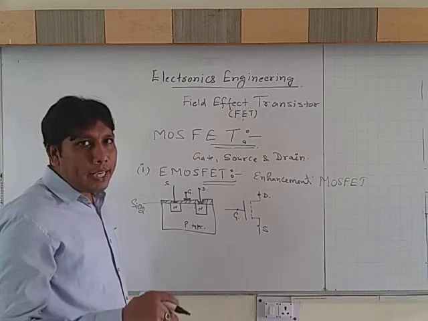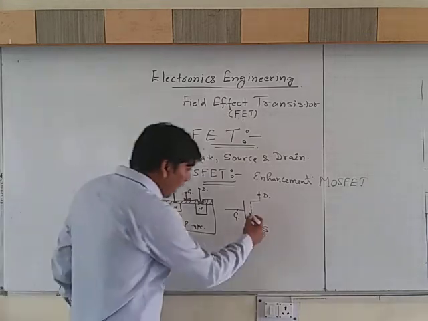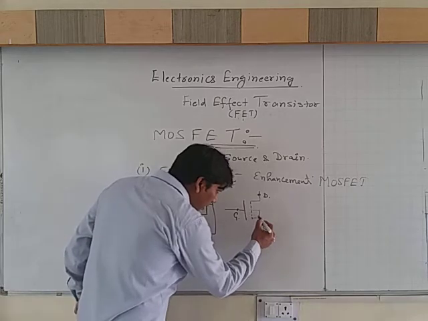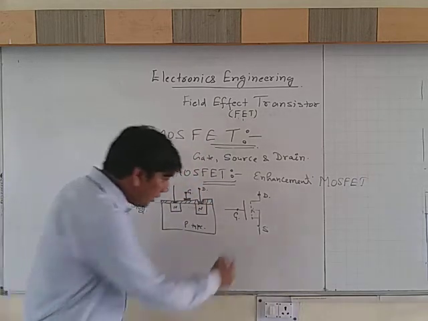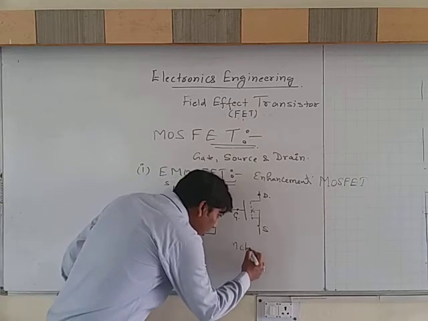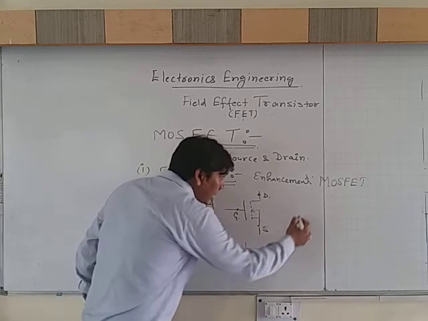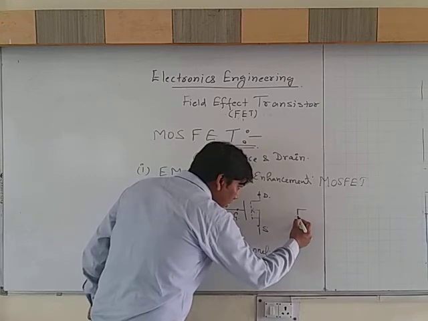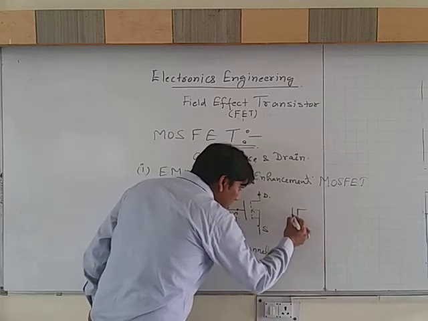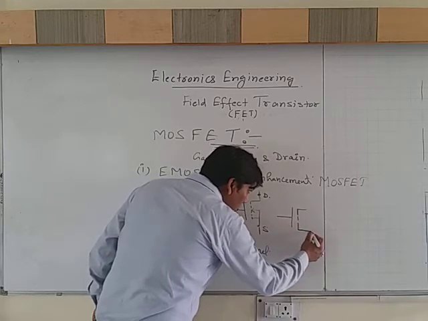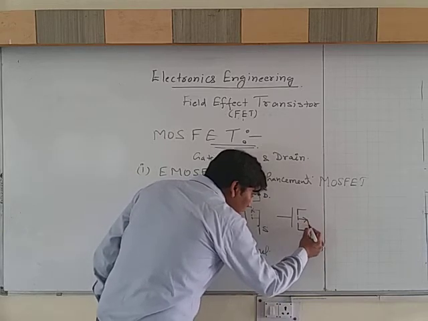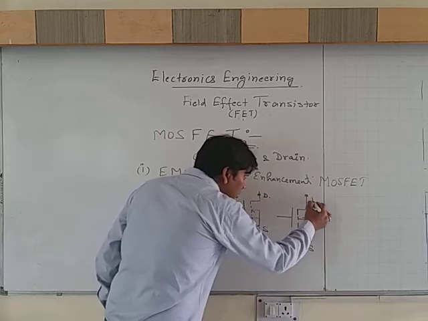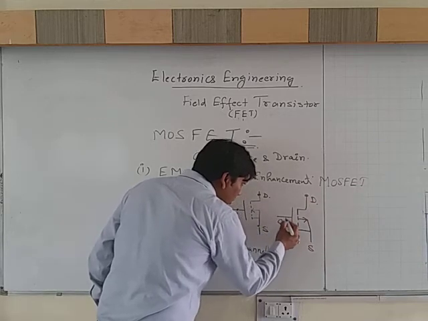For showing P and N, we have an arrow here. If we make the arrow inward, this becomes N channel, and if we have an arrow outward side, this is drain, this is source, it is gate.